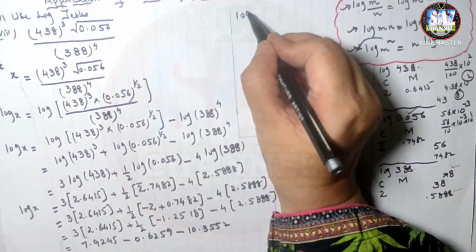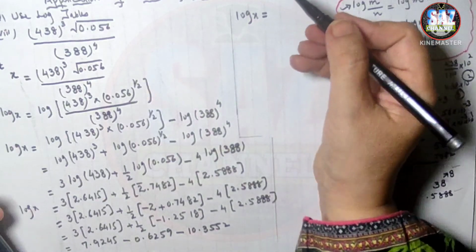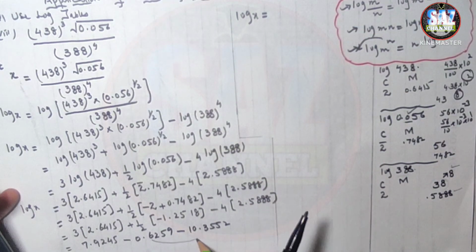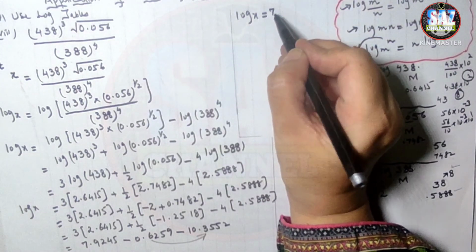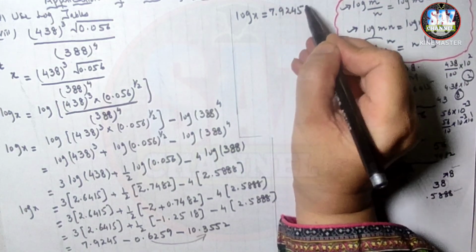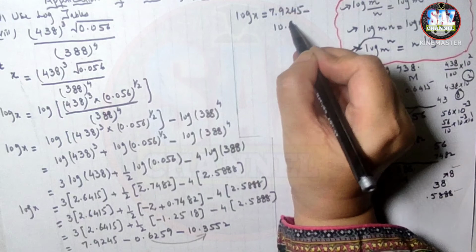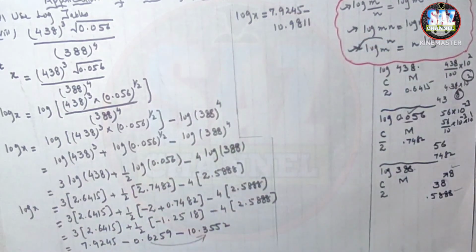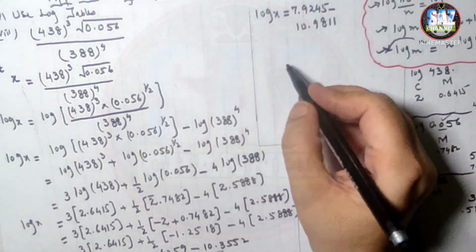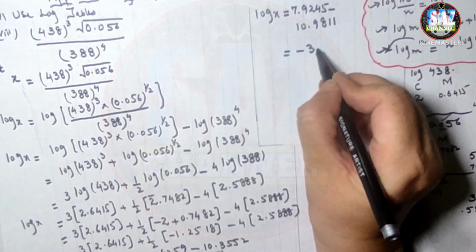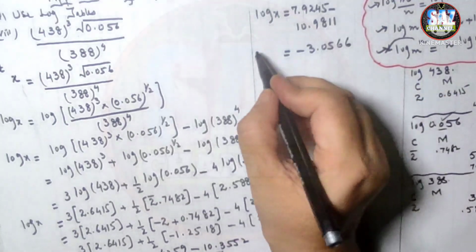Log of x equals 7.9245, and first let's add up these two negative values, 0.6259 plus 10.3552, and this gives me 10.9811. I have to subtract 10.9811 from 7.9245, and this gives me minus 3.0566, log of x.